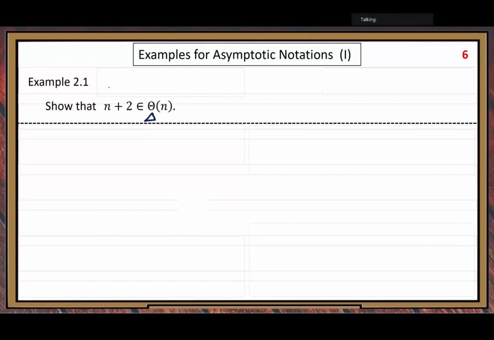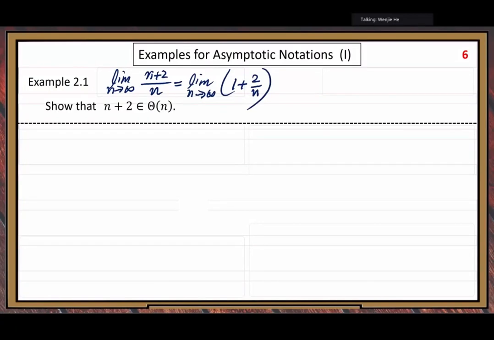Let's calculate the limit as n goes to infinity of the ratio of the two functions, n plus 2 over n. This limit is very easy to calculate. First, we simplify it by splitting the numerator: 1 plus 2 over n. 1 is a constant, fixed.